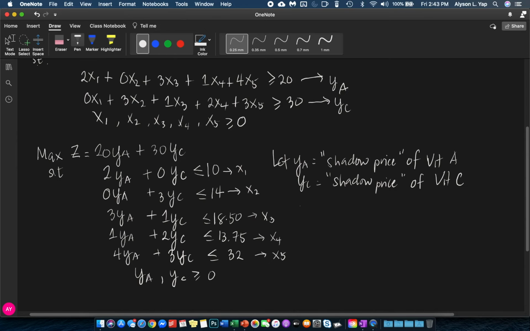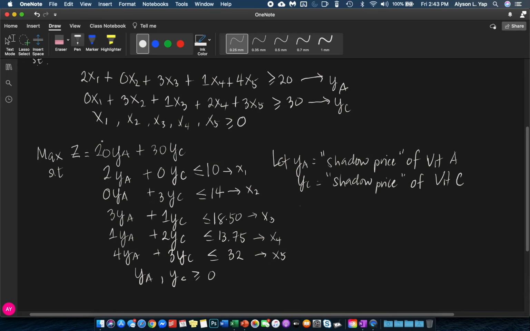And in that case, that will be the definition of my variable. No? Instead of the generic definition of YA as the shadow price of vitamin A, I will now define YA to be the selling price of vitamin A. YC is the selling price of vitamin C.